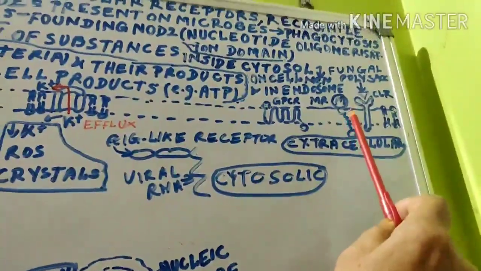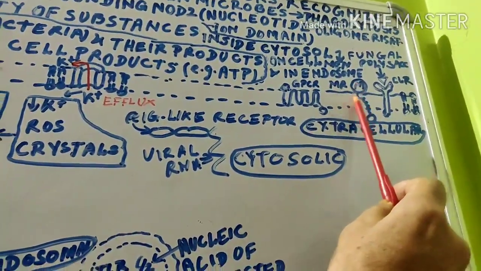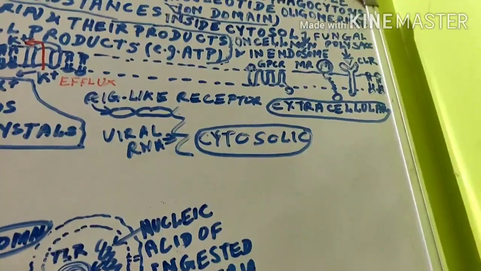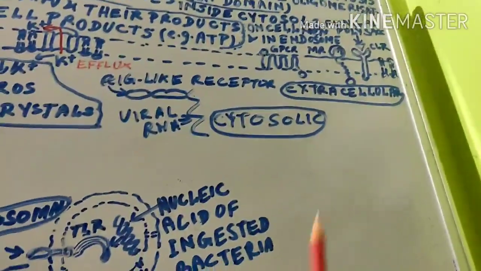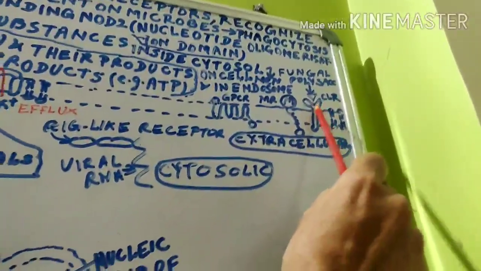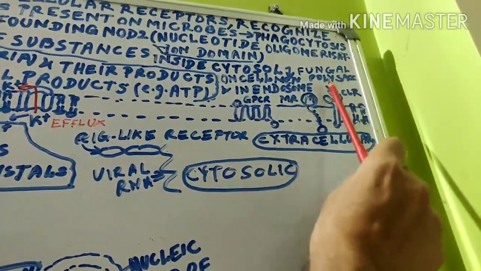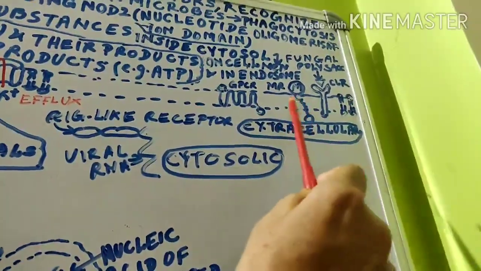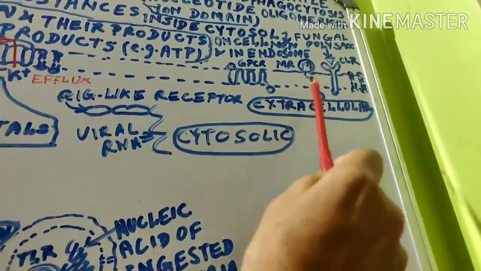Another extracellular receptor is the mannose receptor, and there is the C-type lectin receptor. The C-type lectin receptor binds fungal polysaccharides, while others bind other extracellular molecules.